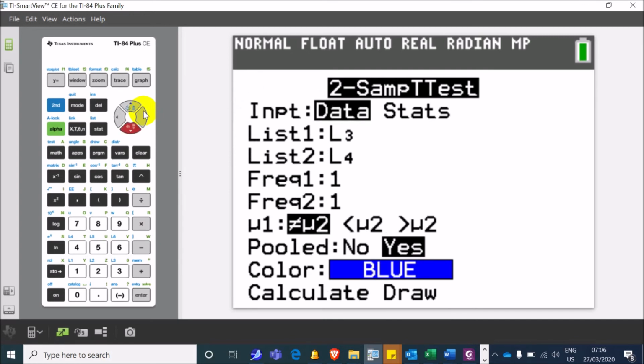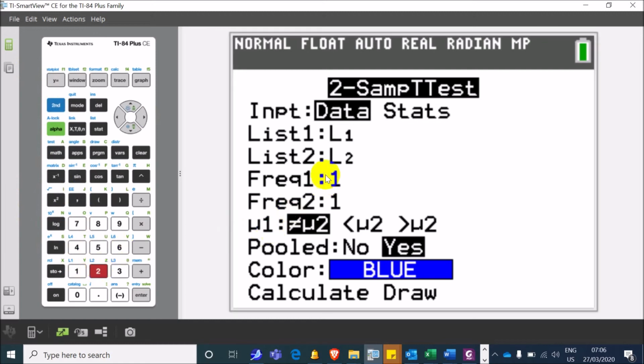Here you see the data. My data are in L1 and L2, so let me put L1 and L2. If you had frequency lists, you could put them here. We don't. And you see here now the different types of tests. If you say the mean 1 is not equal to mean 2, that is the two-tailed test.